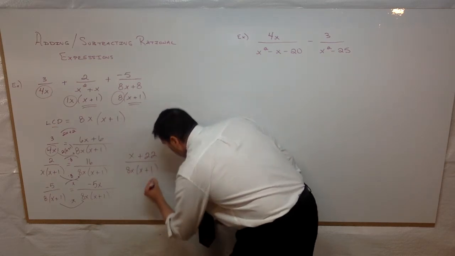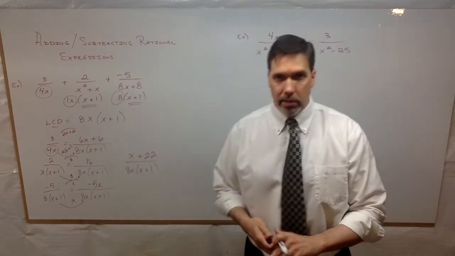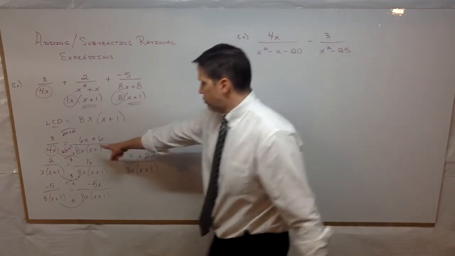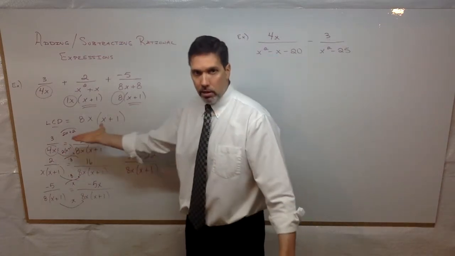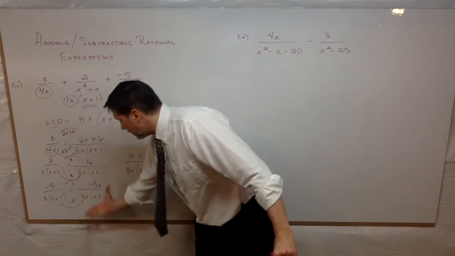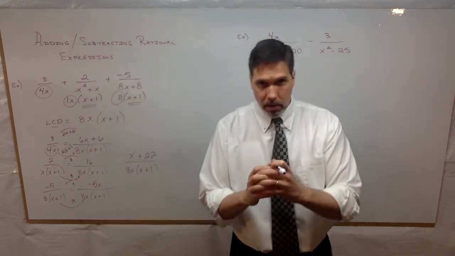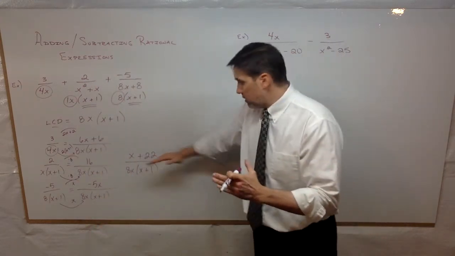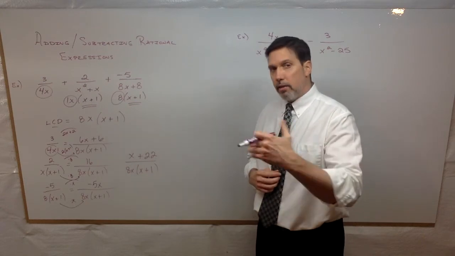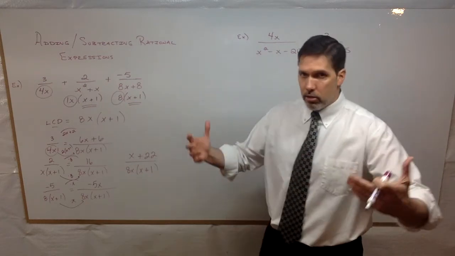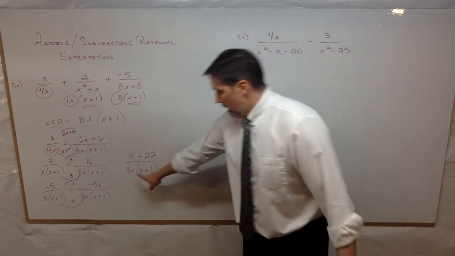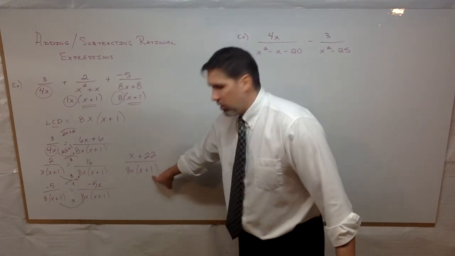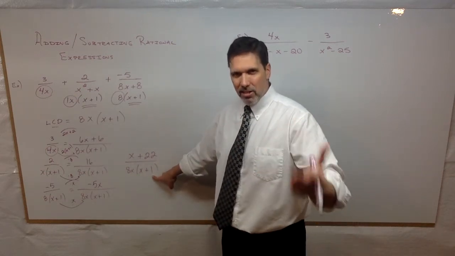Something you don't want to do, don't distribute in the denominator. Right? You say, well, why did you distribute here? I needed to distribute in the numerator because I had to combine parts of my numerator together to get a finished product, this x plus 22. If I left it undistributed, the numerator would not be simplified. And we already said, just distributing through doesn't make it simpler.